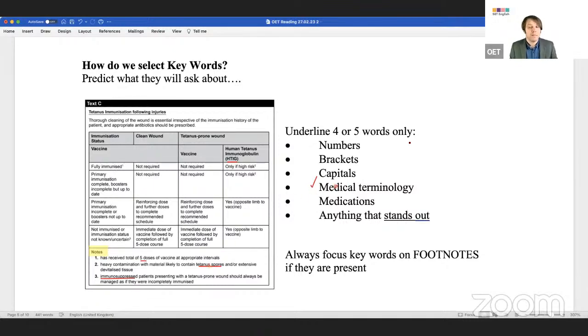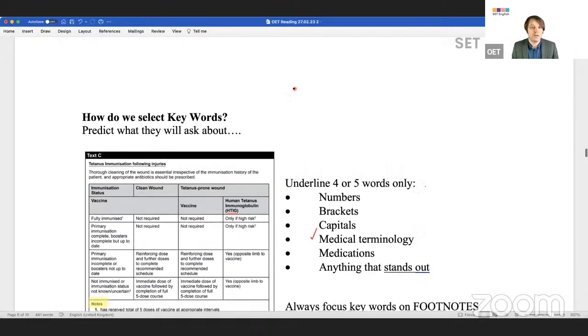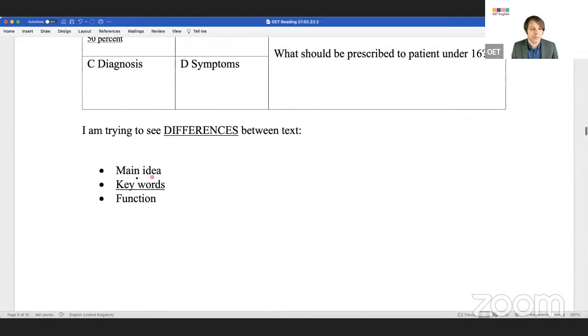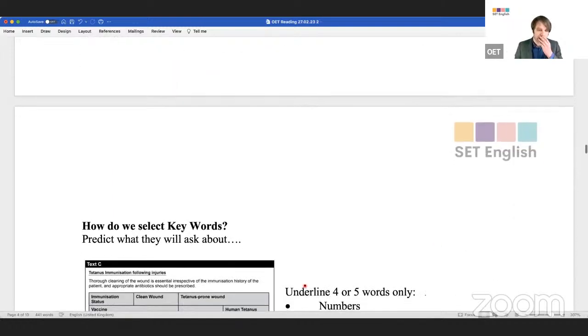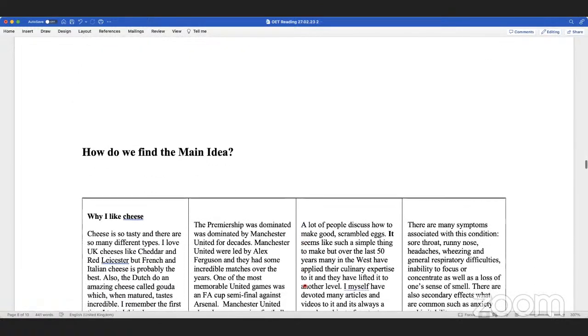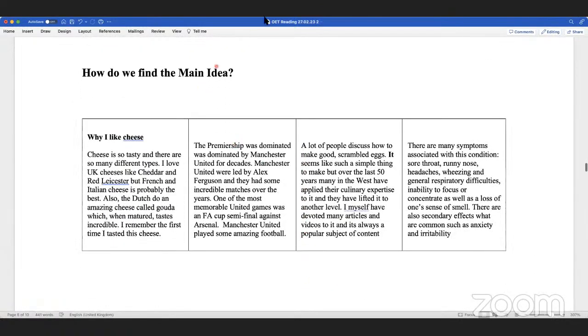Very easy. But main idea, let's look at main idea now. Okay. This one is a bit more tricky. So let me speak to someone here who could help me. Maybe Mevlut, can you say hello? Hello. How do I find the main idea? How do I do that?